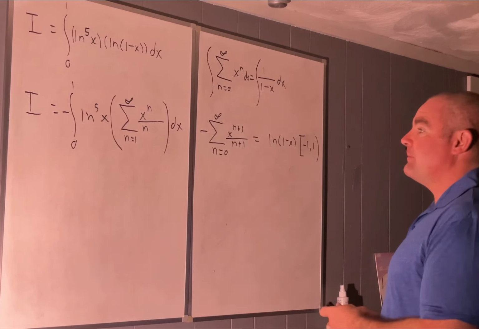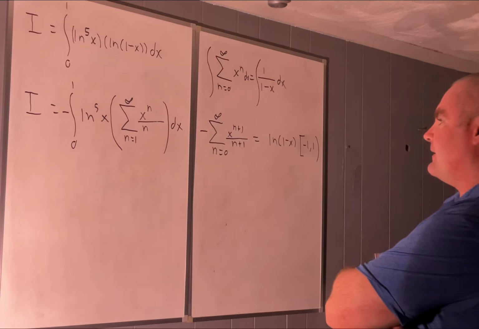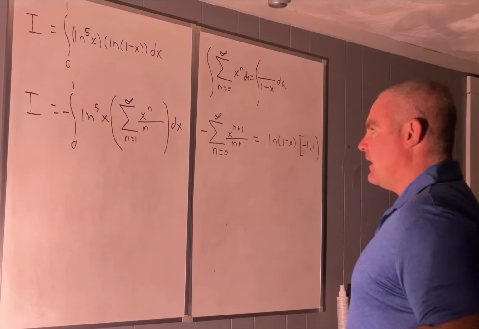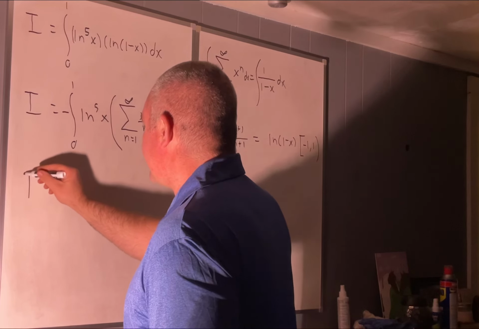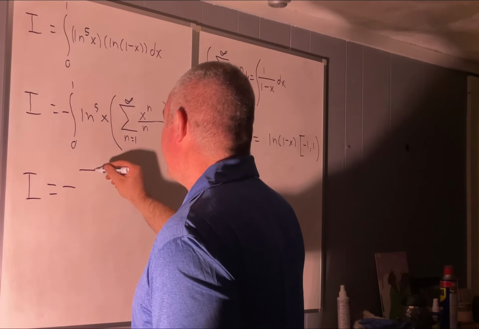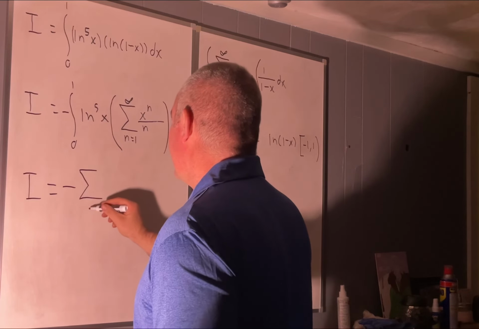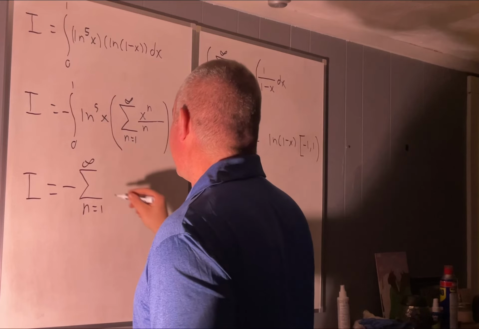Now let's use Fubini's theorem on this, basically to switch these sum and integral signs. And let's see how I could rewrite this. Well, let's rewrite it like this. I is equal to negative sum from n equals 1 to infinity.